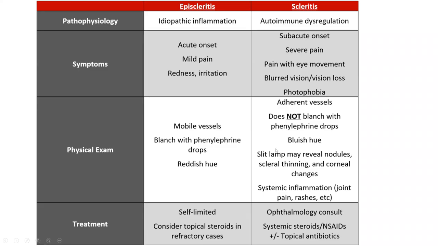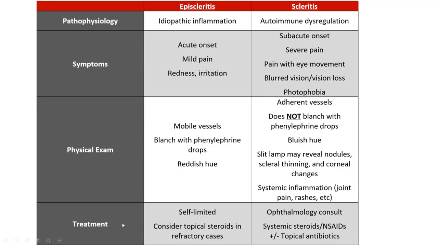They don't blanch with phenylephrine drops. They show a bluish or purplish violaceous hue. Slit lamp may show nodules, scleral thinning, and some corneal changes if the patient has rheumatoid arthritis, associated with peripheral ulcerative keratitis. There may also be systemic inflammation with other autoimmune diseases, such as joint pain, rash, and so on.